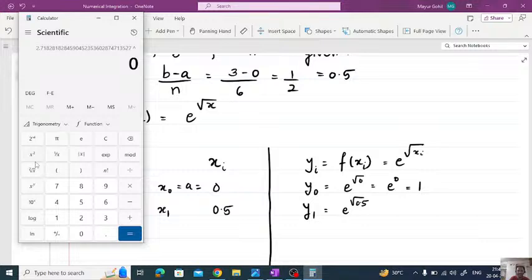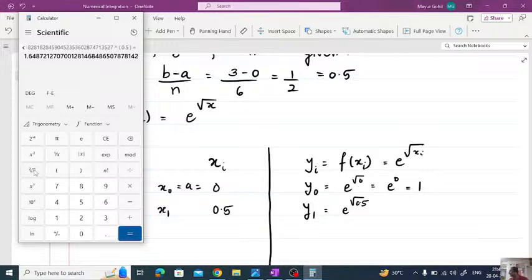Let me check on the scientific calculator. This is scientific only, but this is exponential of, I do this way, exponential of, it doesn't give me this, wait, e power, yeah, e power square root of 0.5.